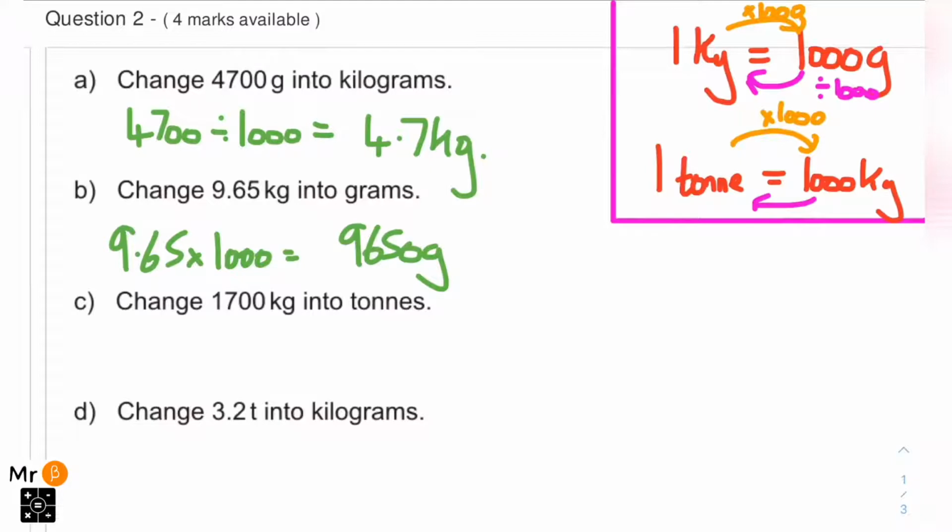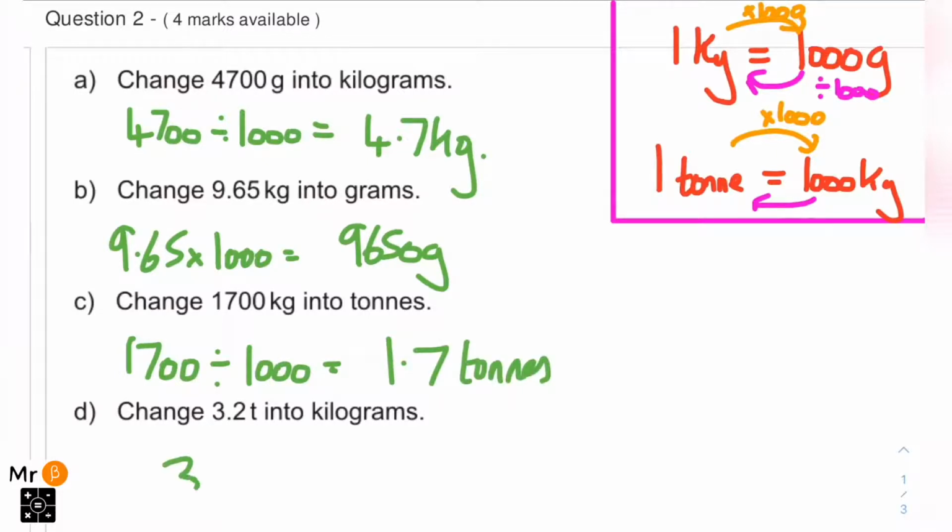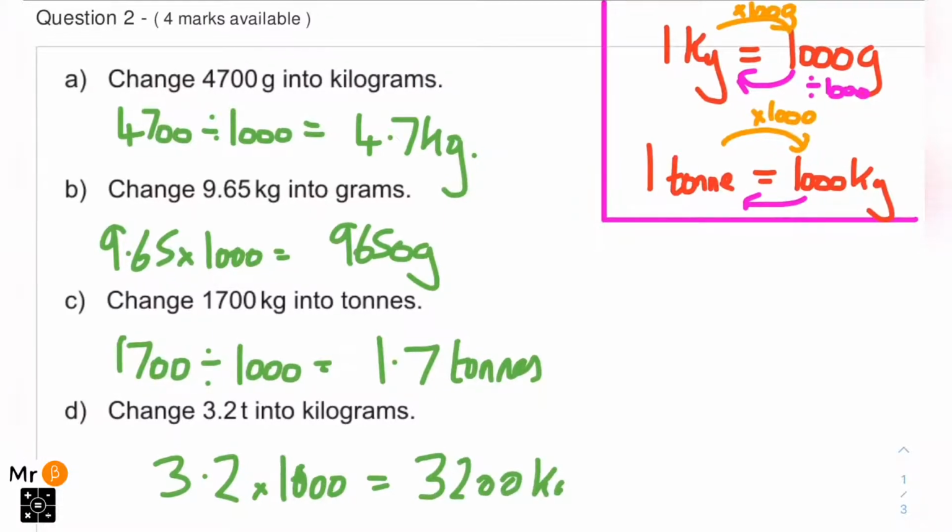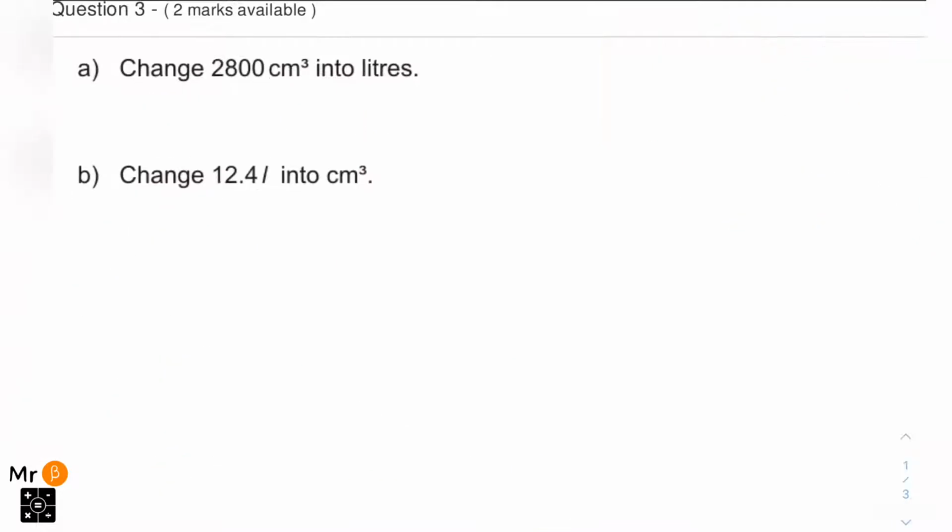Part C, going from kilograms to tonnes, we divide by 1000, and we get 1.7 tonnes. And finally, timesing by 1000 to go from tonnes to kilograms, and we get 3,200 kilograms.